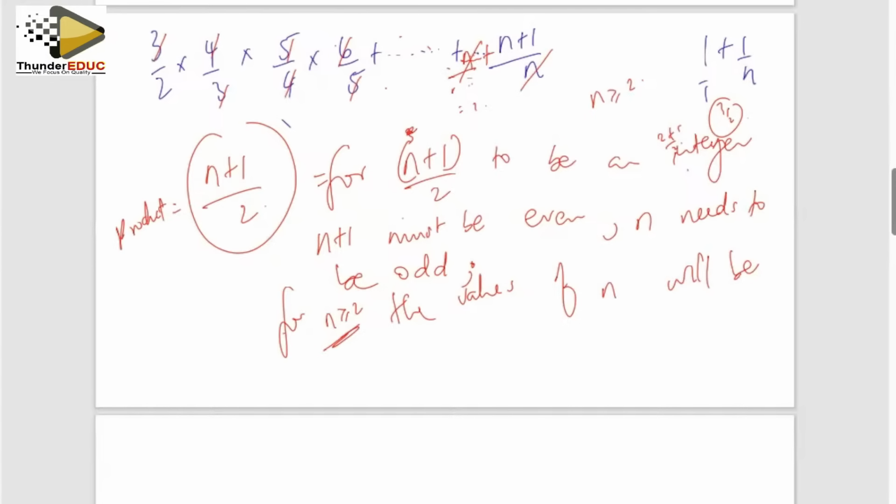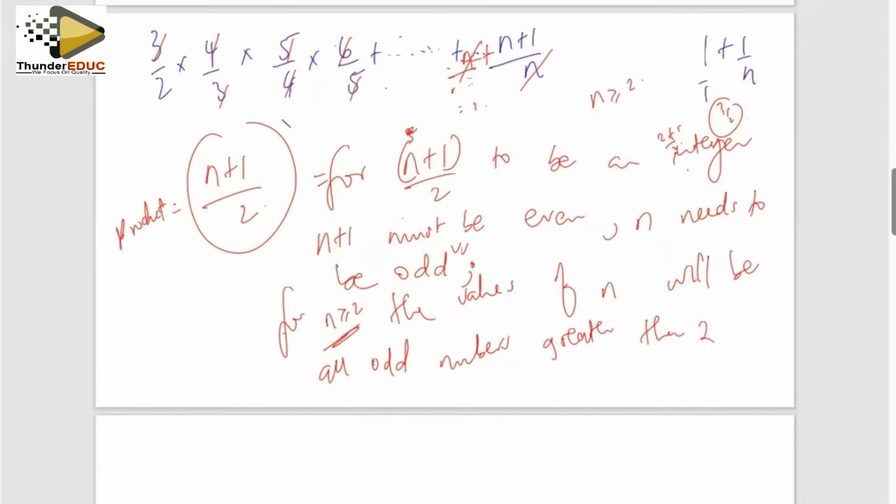We said what? N needs to be odd. So it'll be all the odd numbers that are greater than 2. Odd numbers greater than 2.